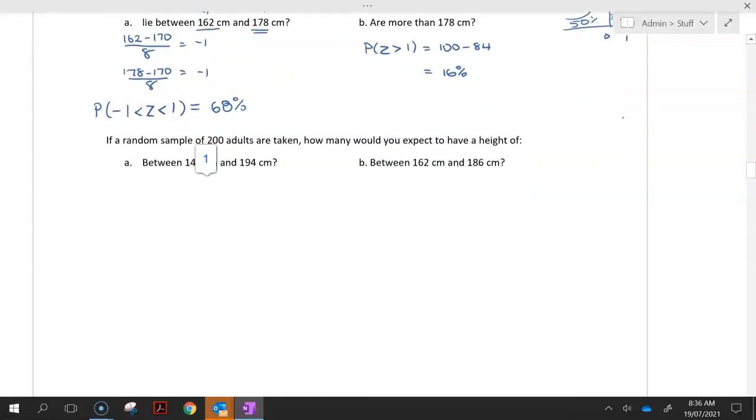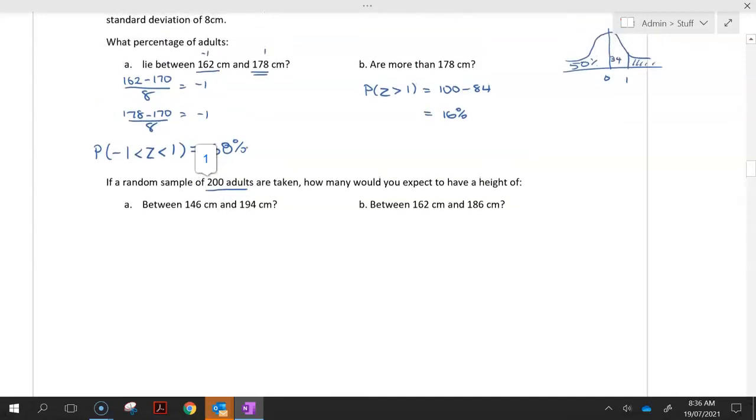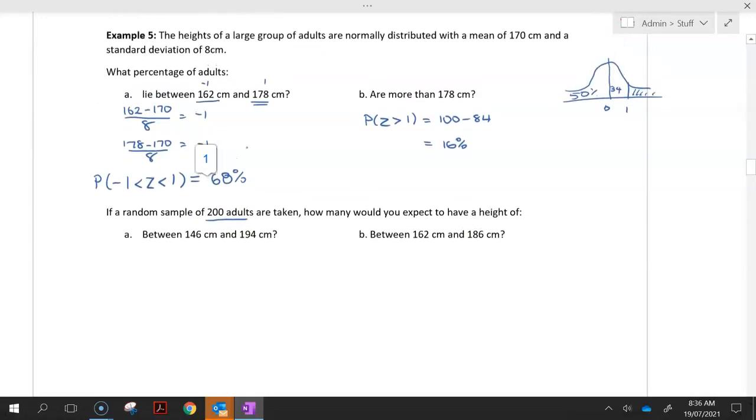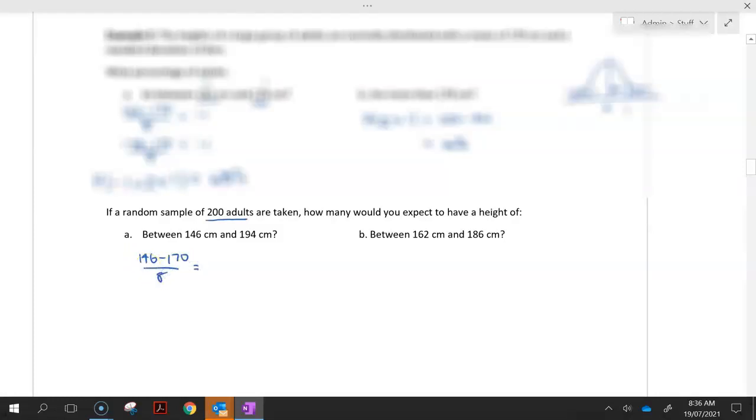Okay, final example, we have a random sample of 200 adults, and we want to work out how many of those expect to have a height between 146 and 194. So again, let's work out the Z scores first. So 146 minus 170, and we have -3. Again, let's work out the Z score of the top. And I think that's going to be +3. So that will be nice and easy for us.